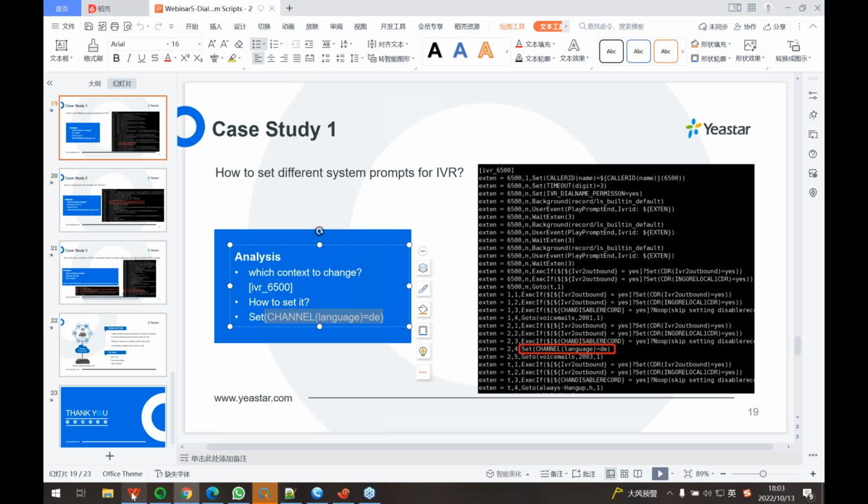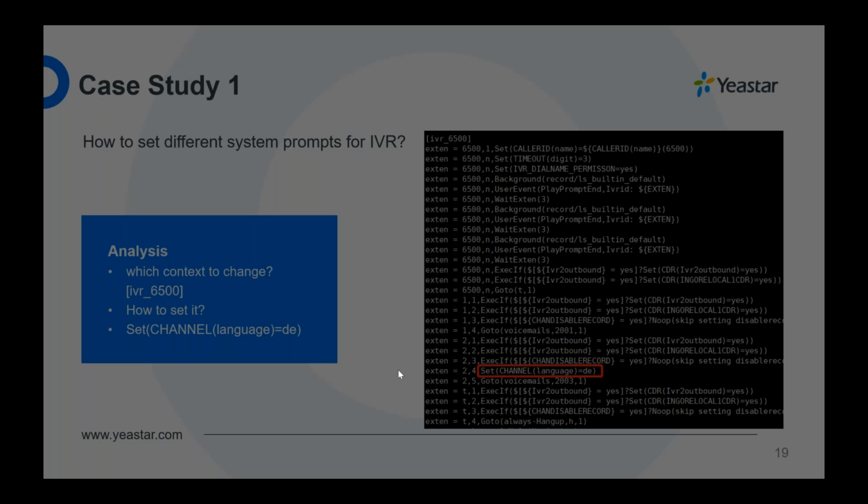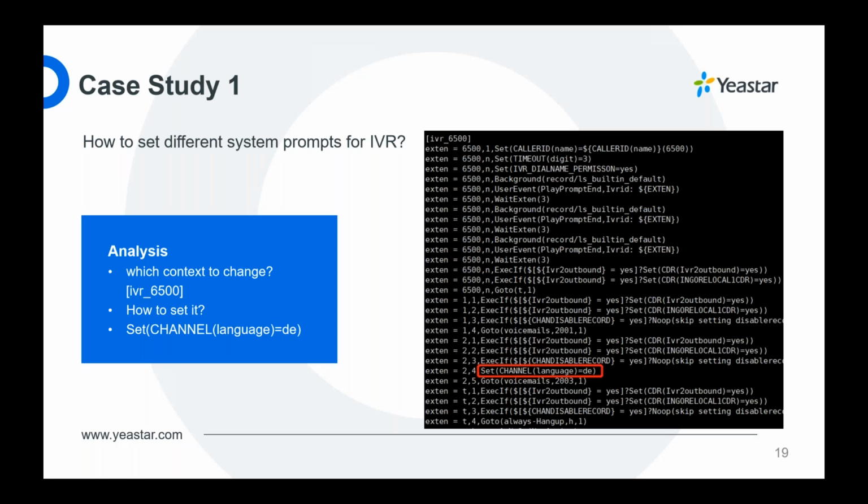Okay, so if you have different languages, like press 1 for English, press 2 for German, press 3 for French, press 4 for Chinese, you can set the same application, set channel language equal to the language name.